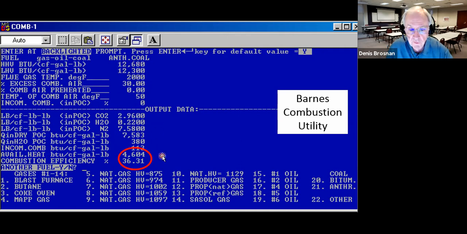We're using a lot of excess air and we're heating up a lot of products of combustion. So in essence, the program computed a 36.31% efficiency of combustion. So you can obtain this program, perhaps. It's one that I've used for a long time.